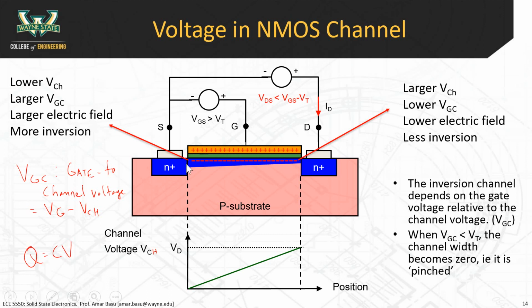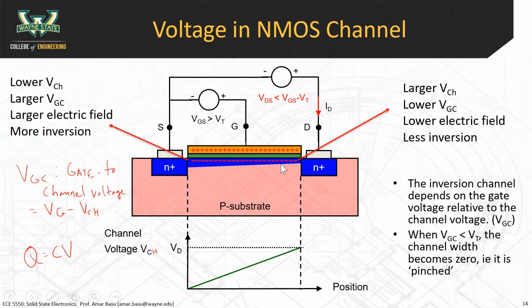On the left side you have a larger voltage drop, the gate to channel voltage, so the Q is also large. That means you have a lot of negative charge in the inversion channel, so it's more conductive.